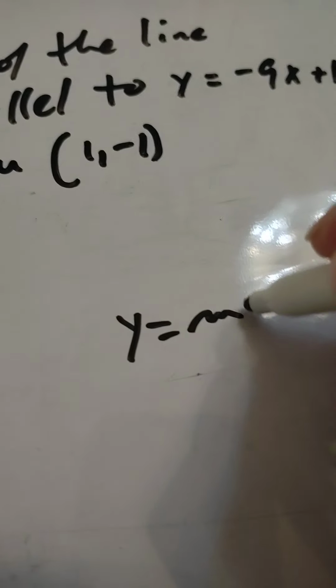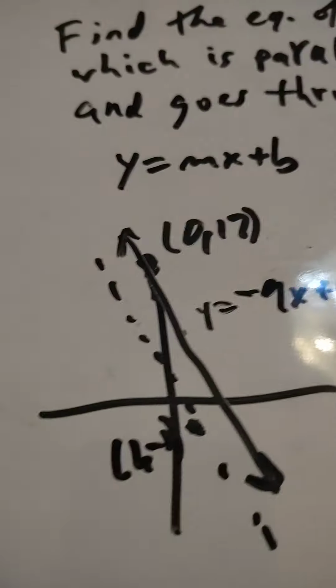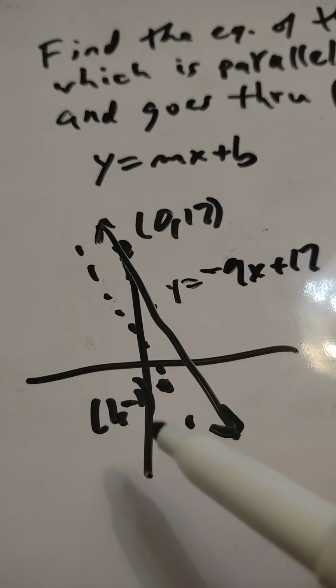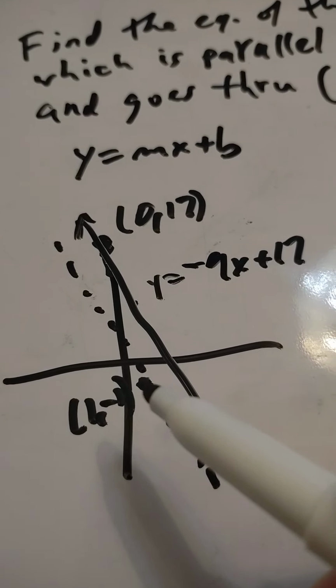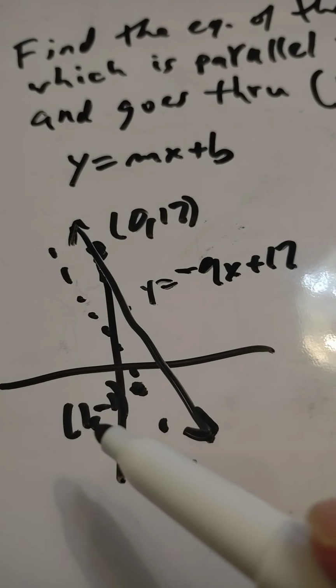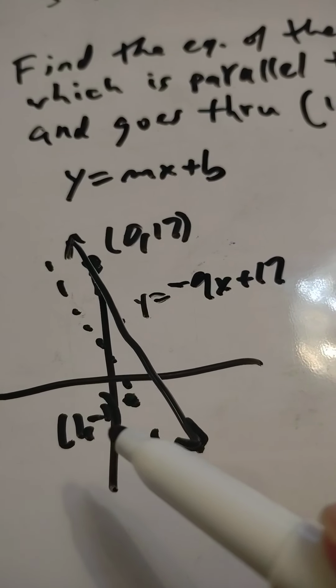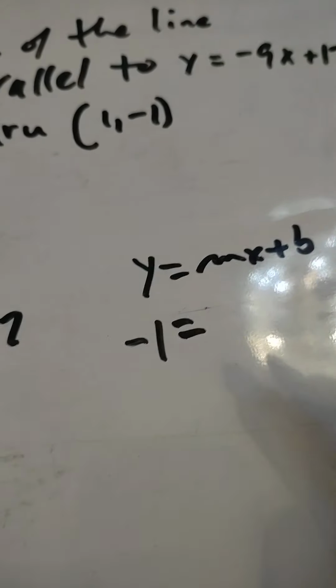So I'm going to write y equals mx plus b. And what am I going to write for y? Make sure you choose this one here, -1. Don't choose the other one, because we want to find the equation of the dotted line. If this point is on the dotted line, that means this ordered pair satisfies the equation which makes that line. So for y, I'm going to plug in -1, the y-coordinate, equals, what's the slope going to be?